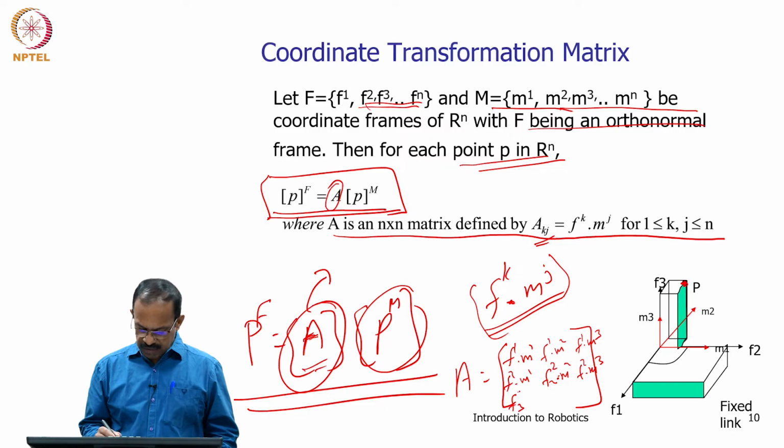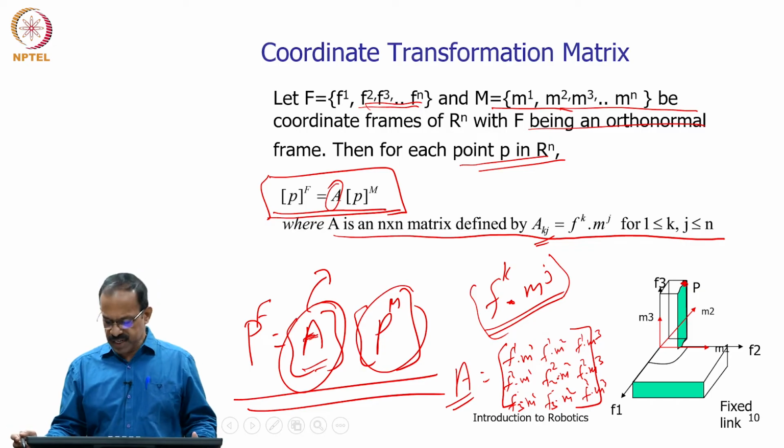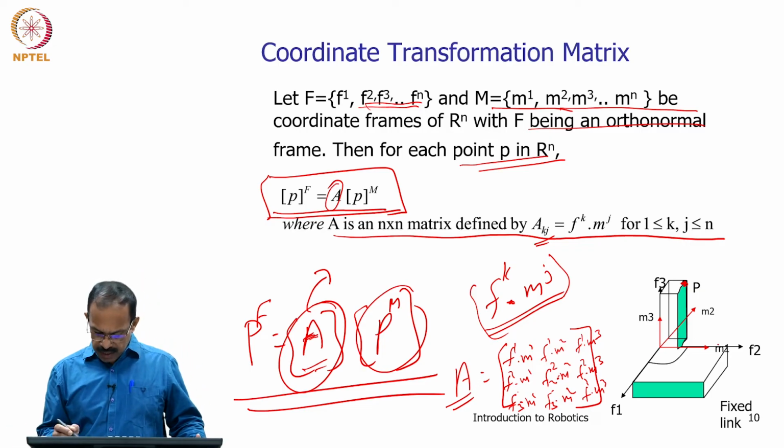Similarly here, F3 dot M1, F3 dot M2, F3 dot M3. So, this is the way you get the transformation matrix. If there is a rotation, they are no longer aligned. So, F1 dot M1, where this is M1 and this is F1, will be 0.